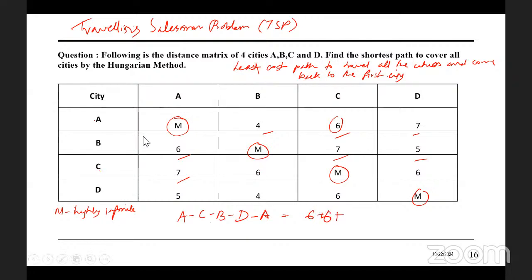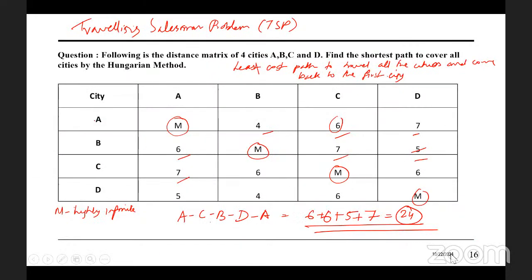B to D is 5. Then D to A is 7. So this comes out to be 12, 12 plus 5, 17, 20. So this is the least cost path that we have.